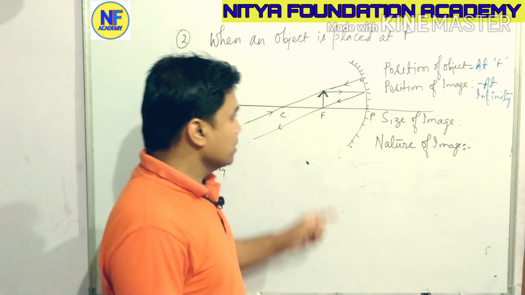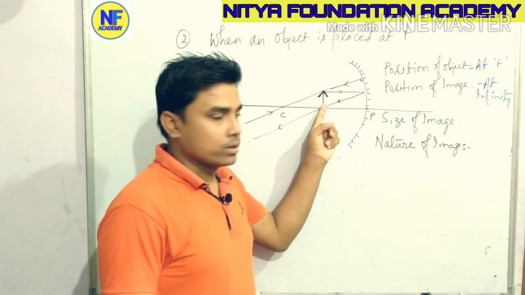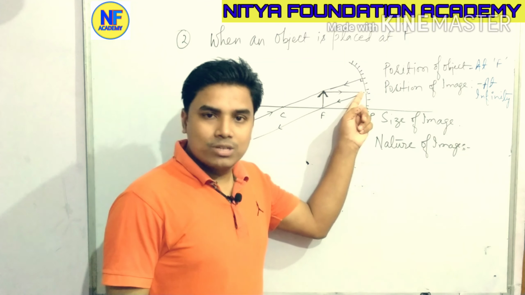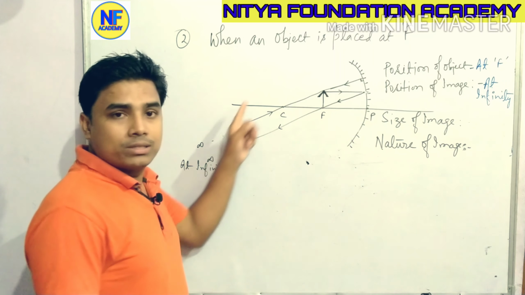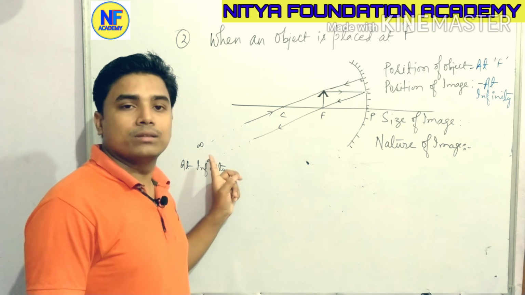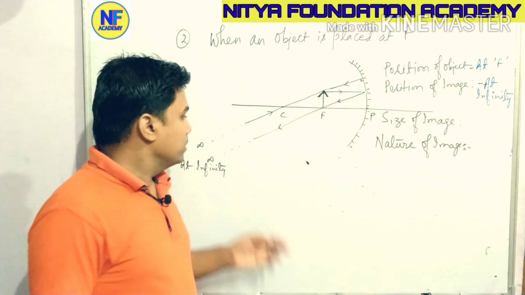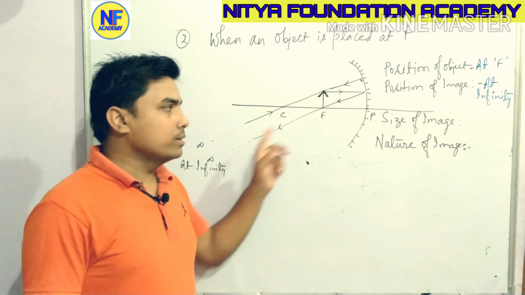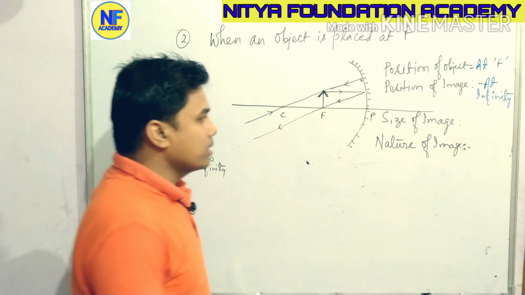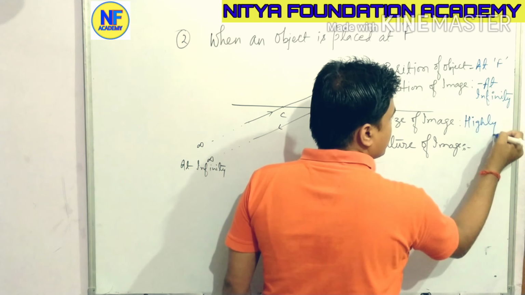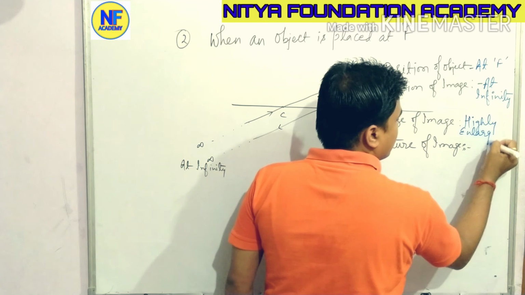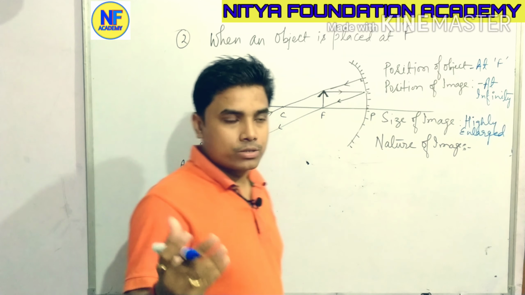Same like that, the object which is placed at focus, after reflection will move through the focus and the center of curvature and meet at infinity, so we can understand that the image size will be bigger than the size of the object. So we can write here highly enlarged, because highly enlarged means that the image is very big in size.